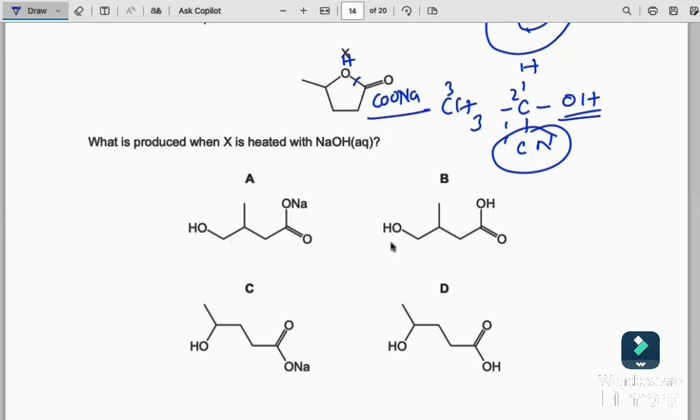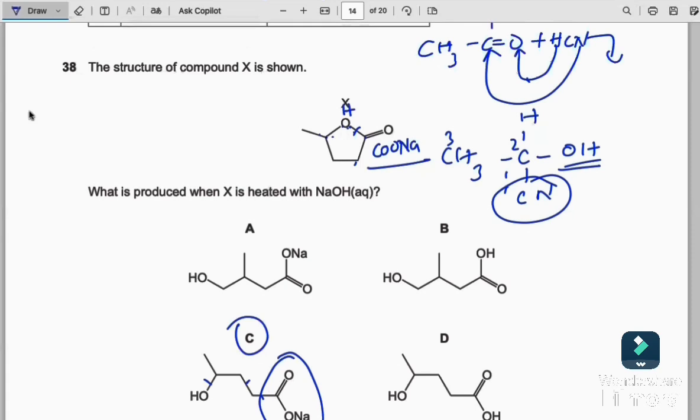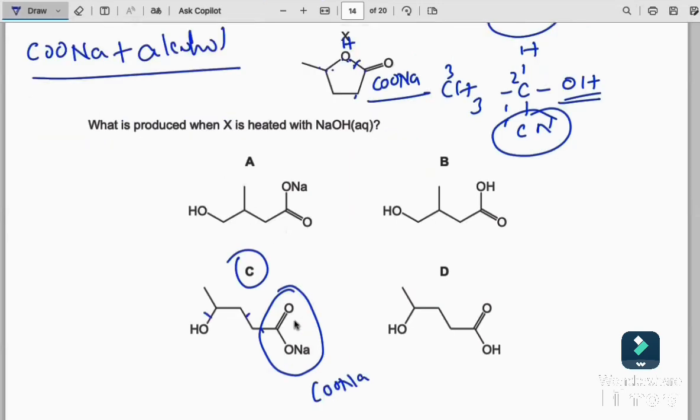If you break this bond, here OH, and then this part is COONa. So the best option should be C. It is going to form the sodium salt of the carboxylic acid, COONa, plus the alcohol. So the option should be C.